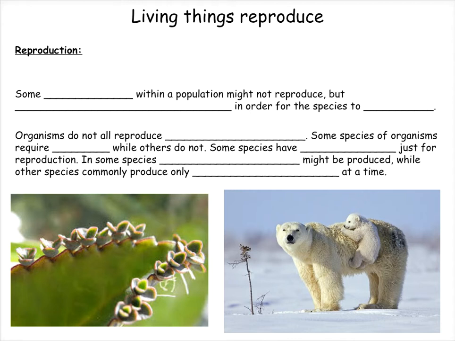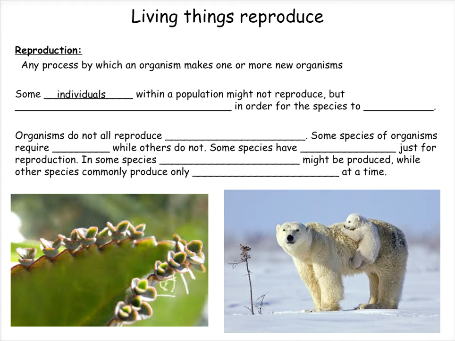The third characteristic of living things is that living things reproduce. Reproduction refers to any process by which an organism makes one or more new organisms. Now, while it is true that some individuals within a population might not reproduce, other individuals of the species must reproduce in order for the entire species to carry on and survive.